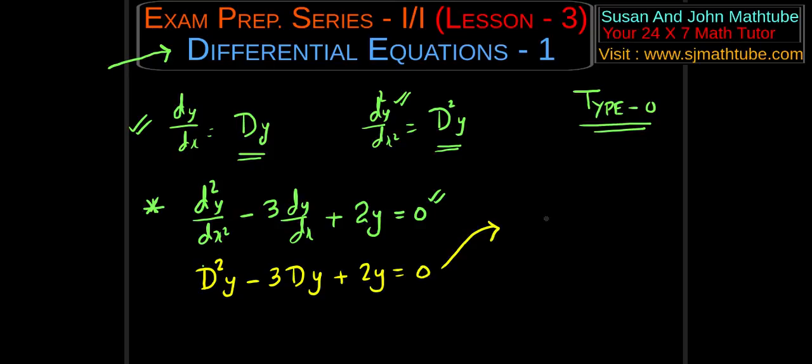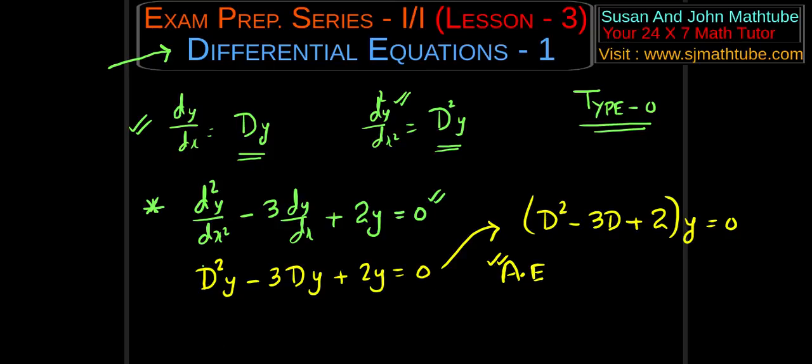Now you can take D common, but remember this is an operator, so you cannot write y times it; you will always keep the function on the right side. Now the next thing to do is write something called the auxiliary equation.